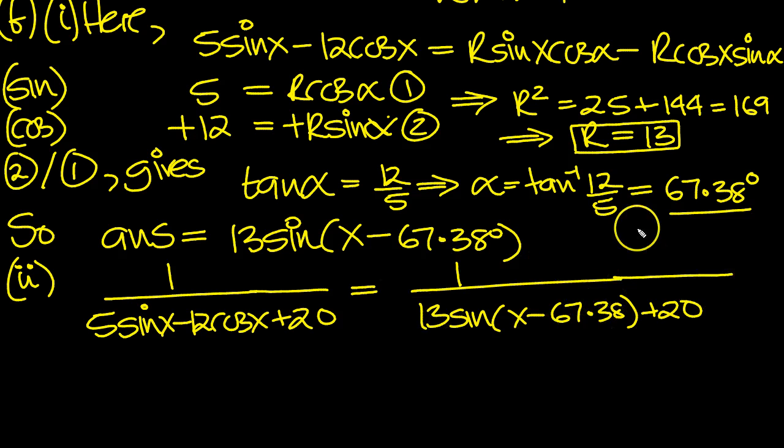The least value of this fraction is when the denominator is biggest. Since the sine varies between 1 and minus 1, this will be biggest when the sine is 1. 13 times 1 is 13, plus 20 is 33. So 1 over 33 is the smallest value.